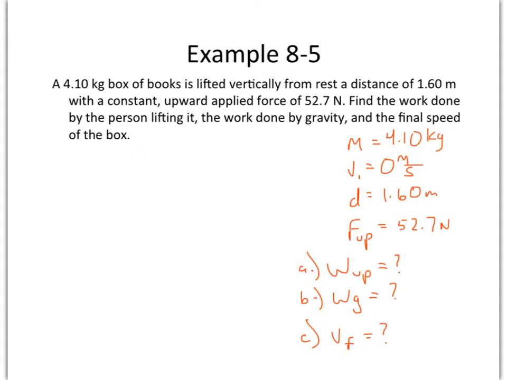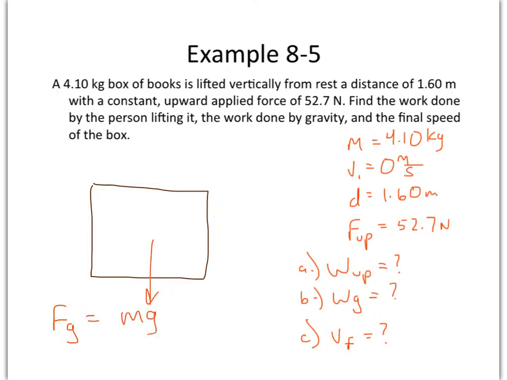All right, before we start, I'm just going to draw a box right here. So here's our box. Not too bad. And let's draw our forces that are on it. Well, force of gravity, also known as mg, is acting straight downwards. I'm going to make our upwards force blue, F up right there. That's going to be 52.7 newtons.